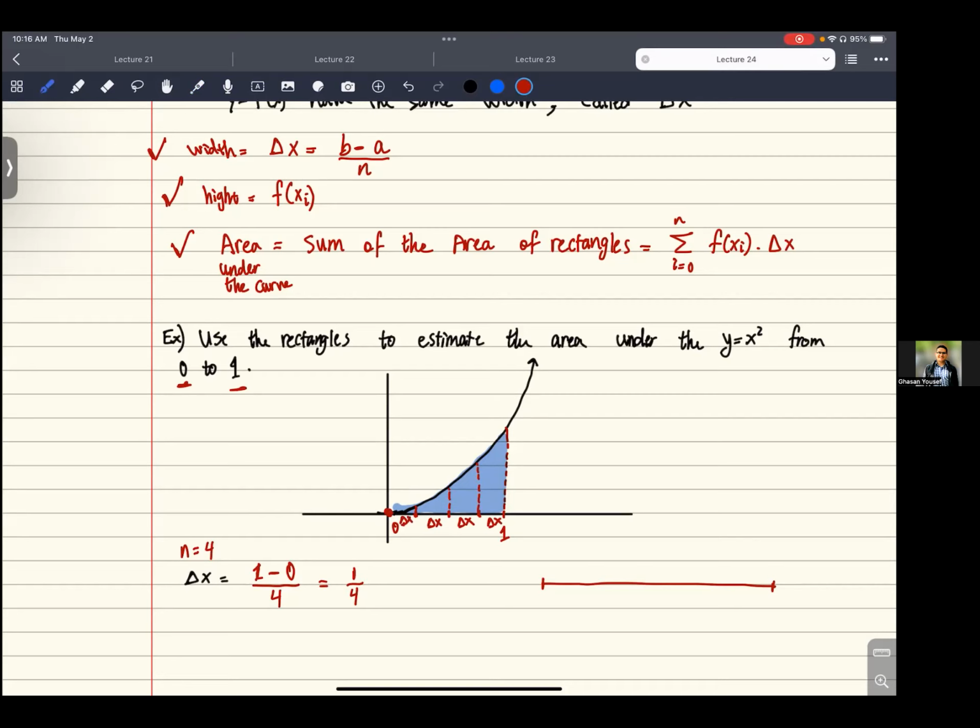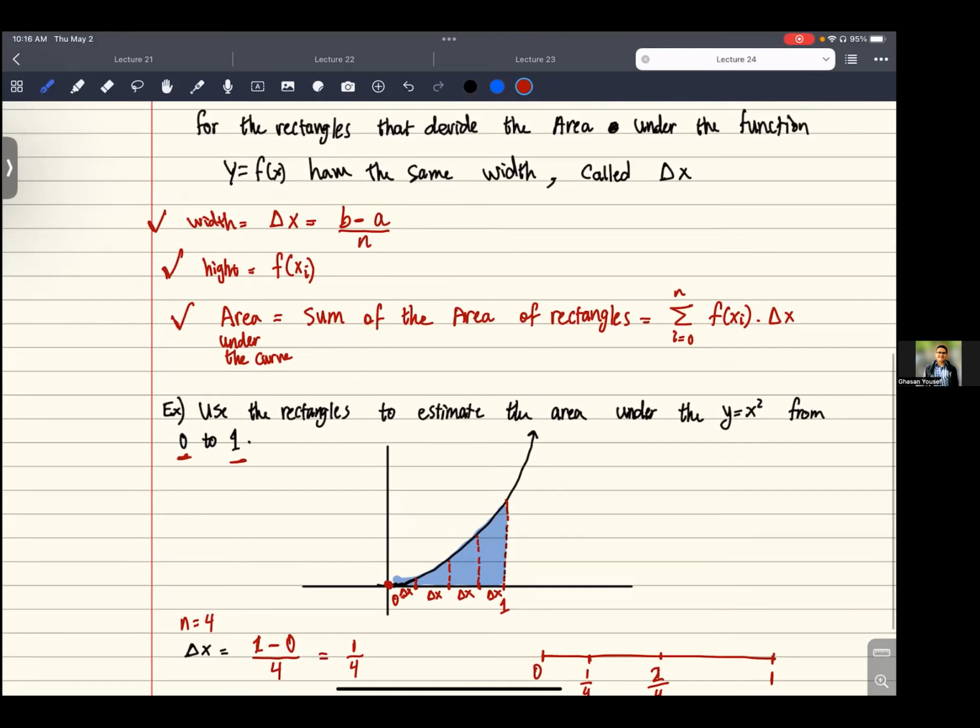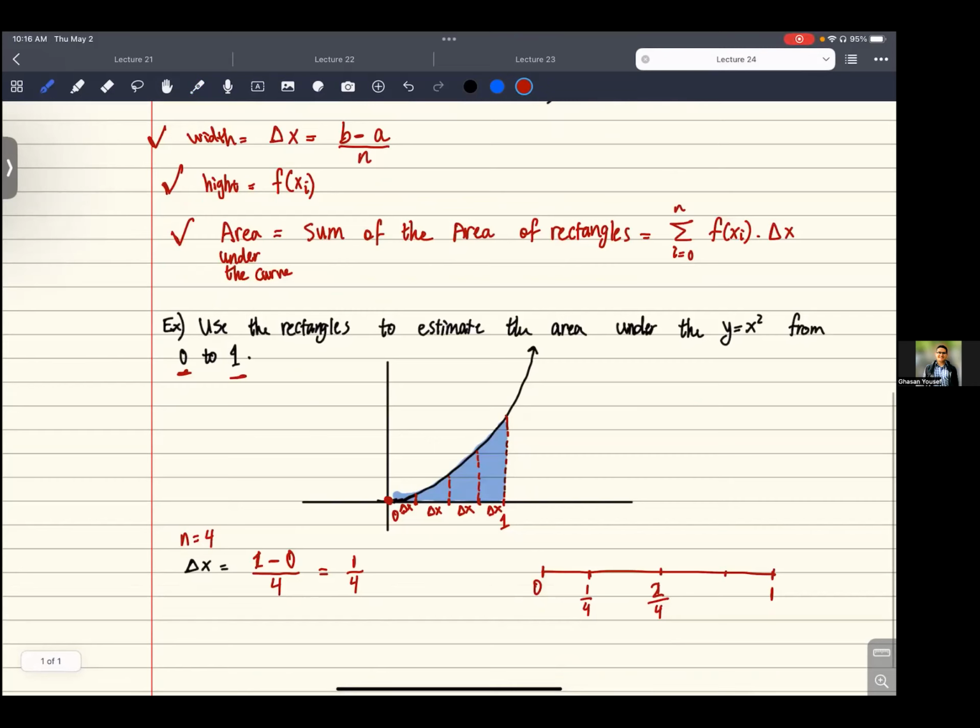Starting at 0, the first point is 1 over 4, add another 1 over 4 to get 2 over 4, add another 1 over 4 to get 3 over 4, and another to get 4 over 4, which is the same as 1.